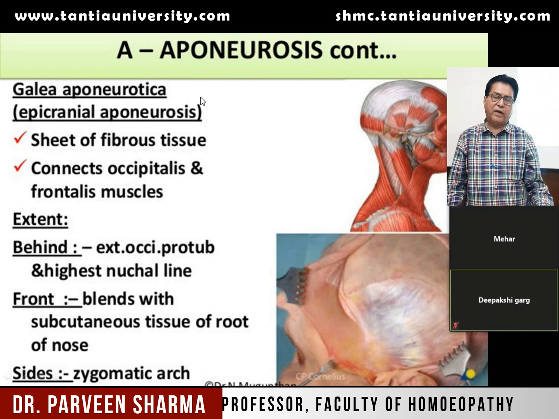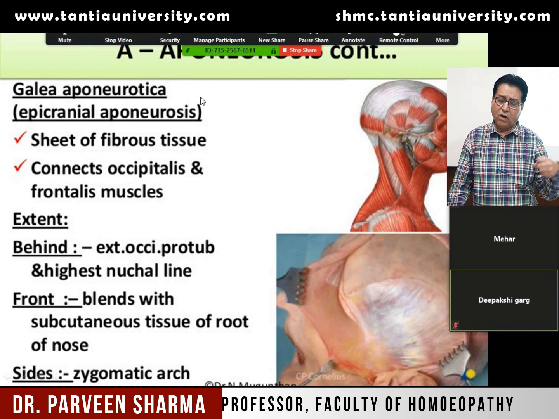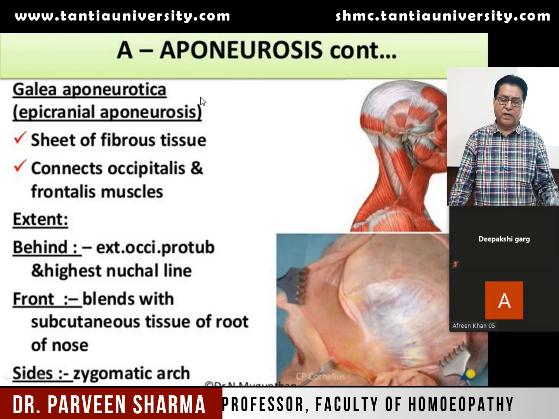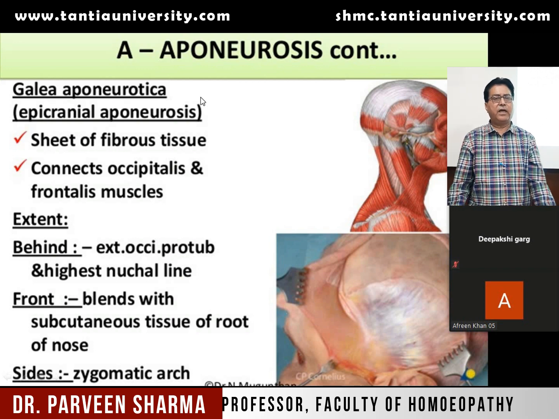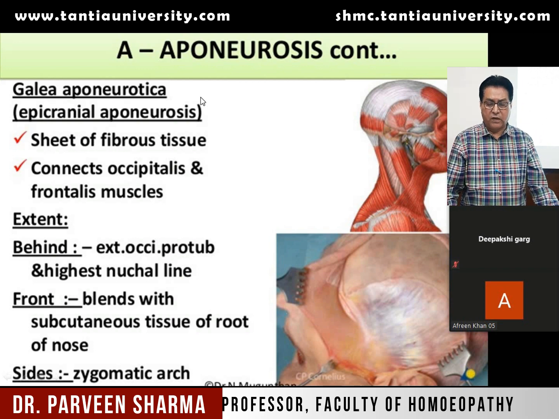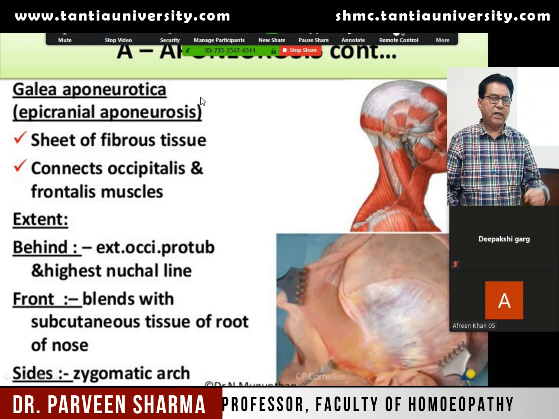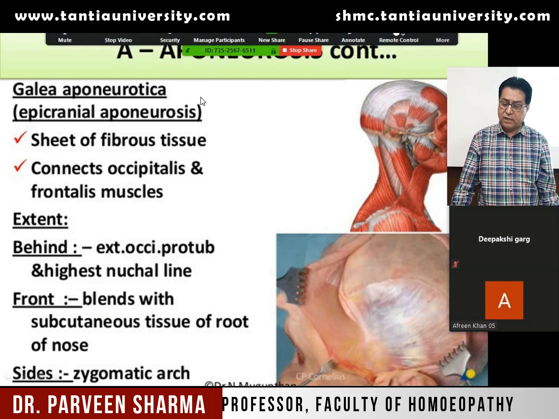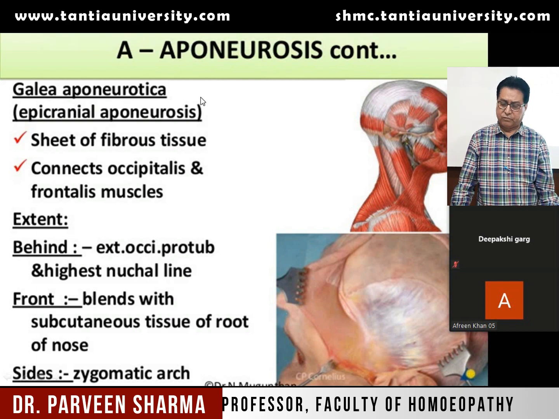So if any infection is there on the skull, and if it cannot be treated, then infection may go from outside of the cranial cavity to the inside of the cranial cavity through the emissary veins, and once it goes inside the cranial cavity, there you have very important meninges and brain, then it can be dangerous. That's why the 4th layer is known as the dangerous layer of the skull.